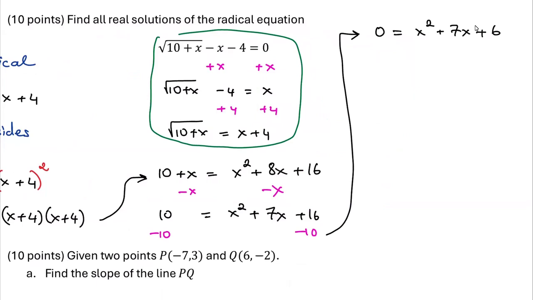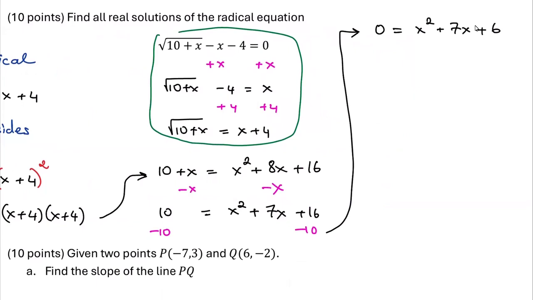All right. And again, we have the quadratic equation. So just like number 1, we are going to solve it, right? I need to find two numbers multiplied together equals 6, added together equals 7.